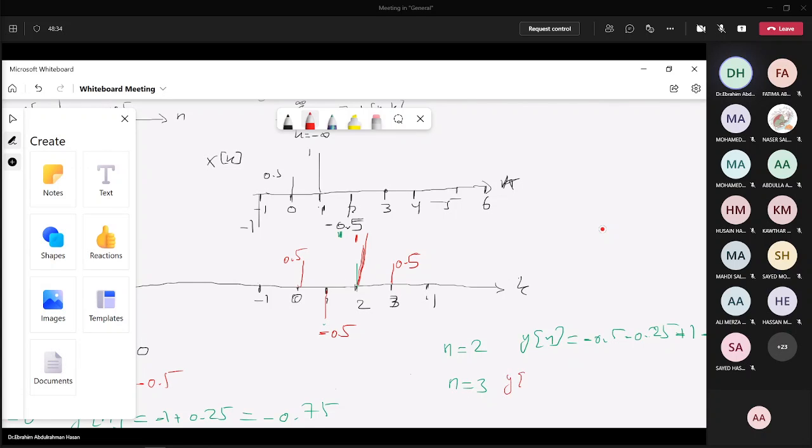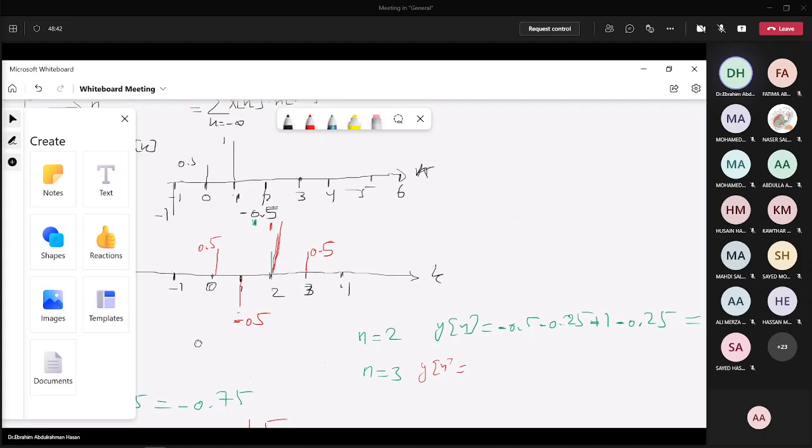So y of n equal to 0.5 multiplied by 0.5, it is 0.25. Then minus 0.5 multiplied by 1, so minus 0.5.